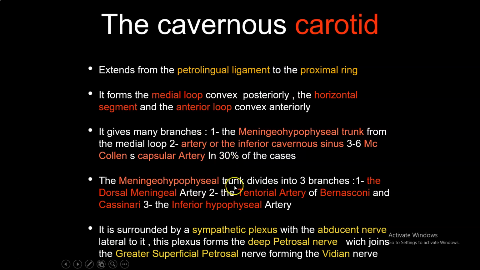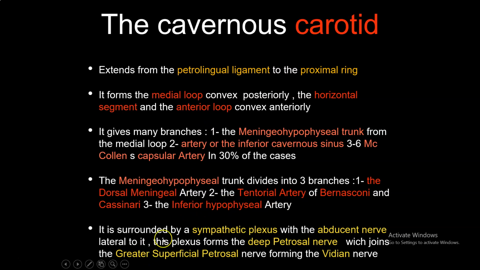And the meningohypophyseal trunk further subdivides into the dorsal meningeal artery, supplying the meninges over the clivus, the tentorial artery of Bernasconi and Cassinari, or Davidoff and Schechter. These are the names of who discovered the branches supplying the tentorium, and the inferior hypophyseal artery, which is also a branch of the meningohypophyseal trunk, supplying the pituitary. So meningohypophyseal trunk: dorsal meningeal, tentorial artery, inferior hypophyseal artery.